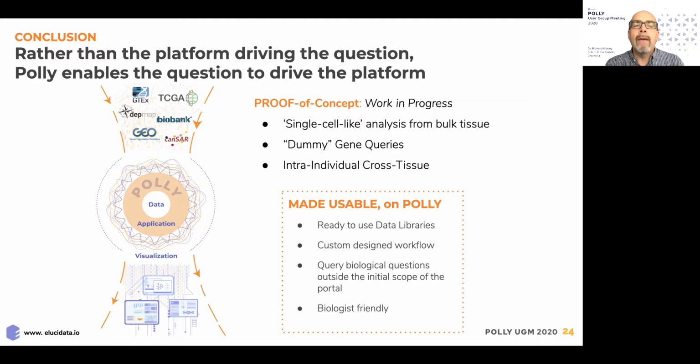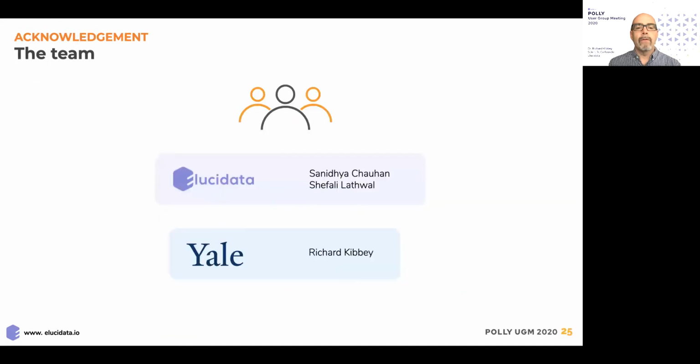And we're also able within this database to cross into subsections of the database, look at one tissue relative to another for intra-individual cross-tissue analysis. And so Poly has made this usable with its ready-to-use data libraries and custom-designed workflows to query biological questions outside the initial scope of the portal. And perhaps most importantly, it's biologist-friendly. It's something that I can do with just a little bit of assistance.